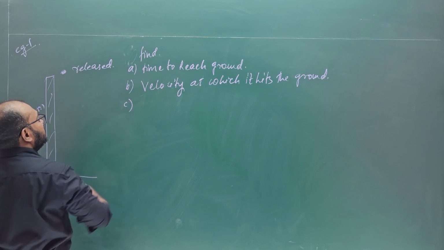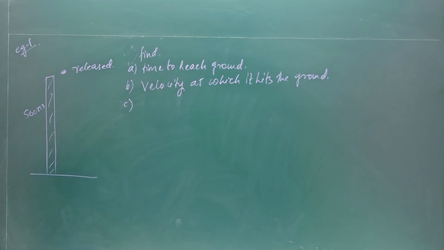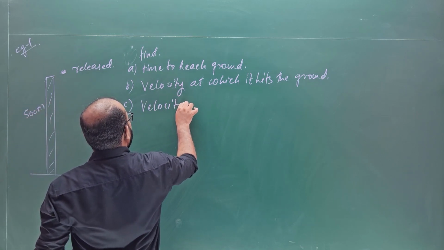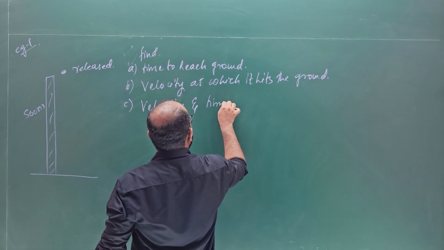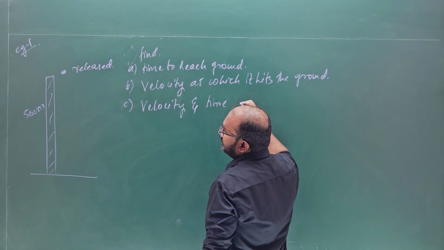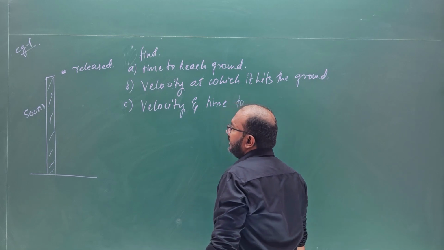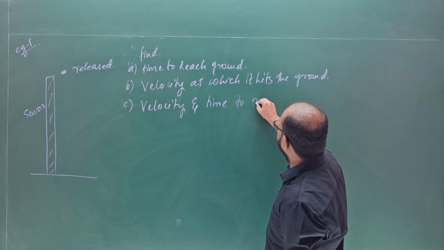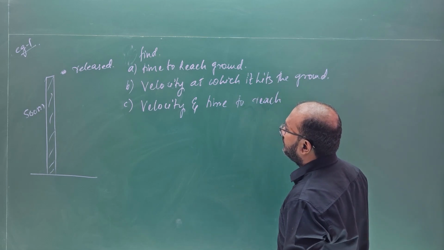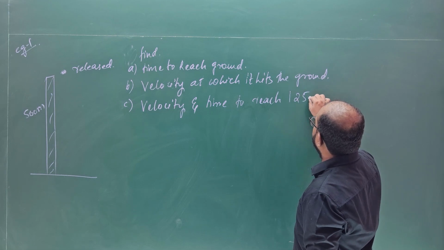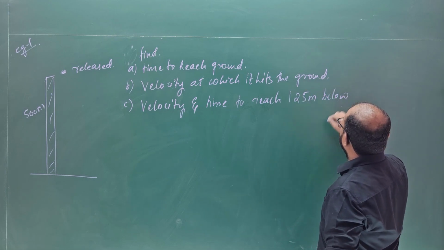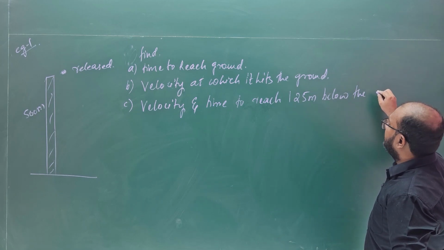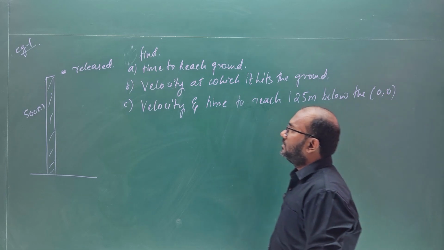Then the third question, the velocity and time to reach 125 meters below the 0, 0 point, which is given here.